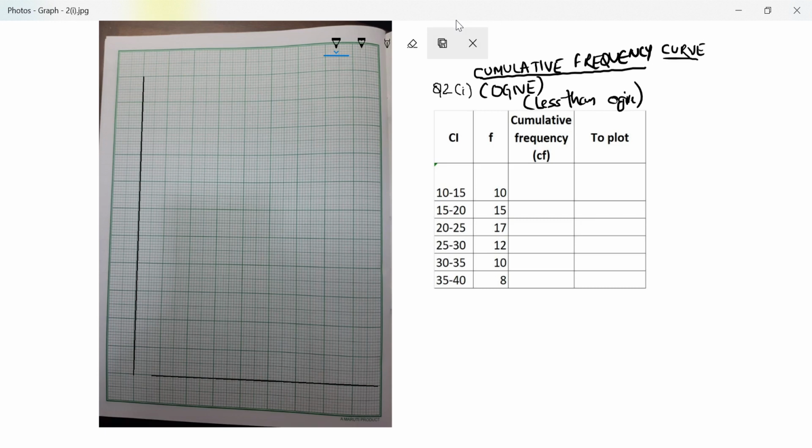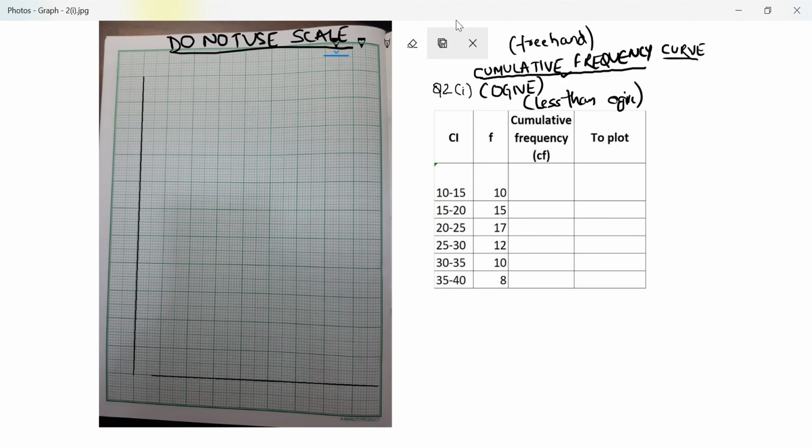Curve means it is freehand, which means I do not have to use a scale to join all my points. It's a curve, so I need to use freehand. And then cumulative frequency. So let's just first calculate the cumulative frequency.